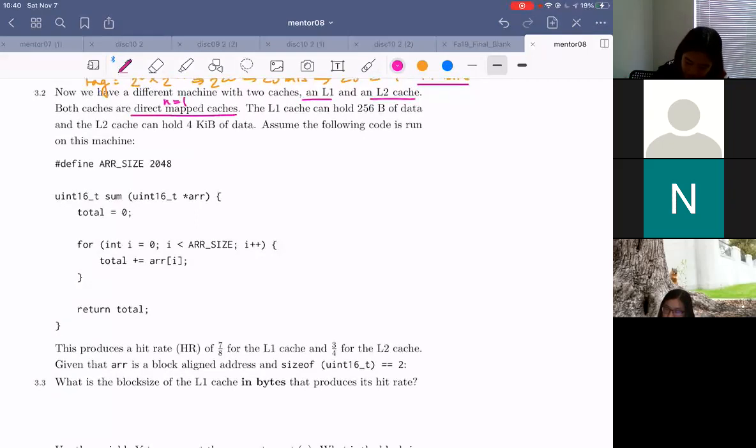The L1 cache can hold 256 bytes of data. The L2 cache can hold 4 KB. So as you can see, the lower the cache level, the larger it is. And the reason for that is that it becomes less expensive. Higher level things like registers are incredibly expensive because they're holding direct things and they're super fast, but super expensive, which is why we don't have an entire memory made out of registers.